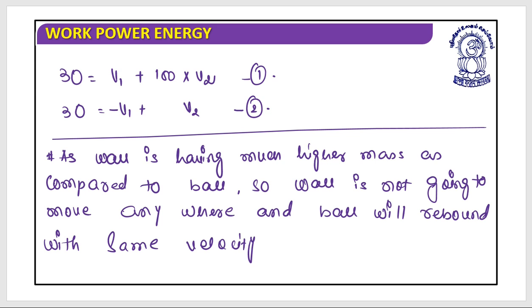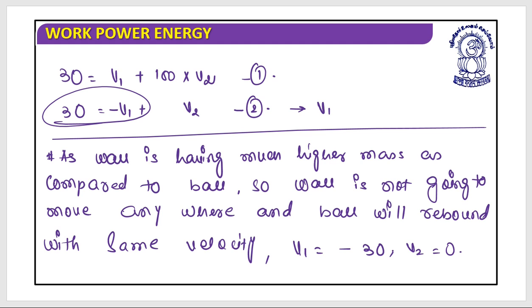I hope this is clear. Yes. So what we understood is v1 should be equal to minus 30, which can be seen over here. If we put v2 equal to 0, v1 would be equal to minus 30, and v2 would be equal to 0. I hope this is clear.